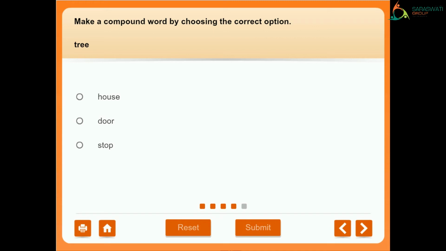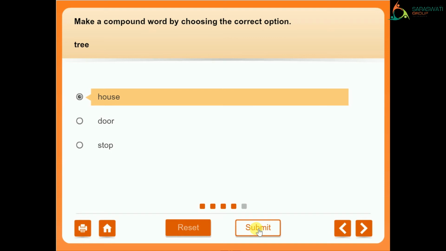Tree, door. No. Tree, house. Let me guess if it is tree house. Oh yes, these two words have matched together, combined and created a new word, a compound word, that is tree house. Let us go to the next one.